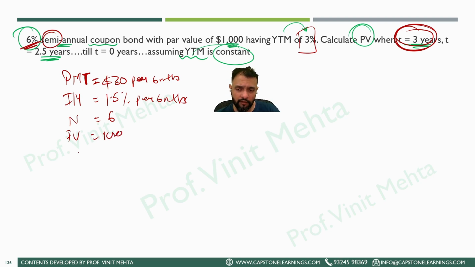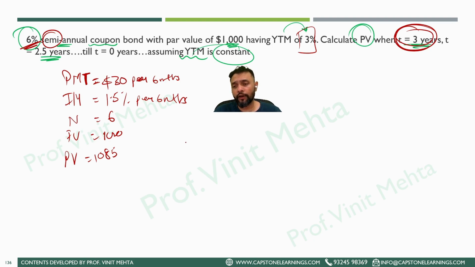And when you compute the present value, how much will it be? Of course it will be at a premium, but how much? 1048 or something? So okay, the answer is 1085 something.